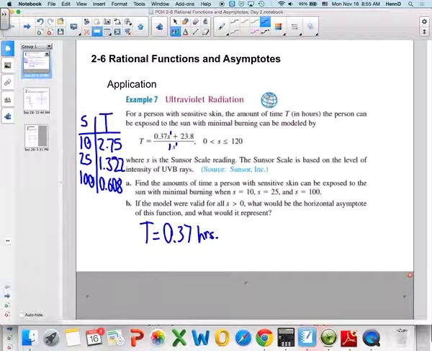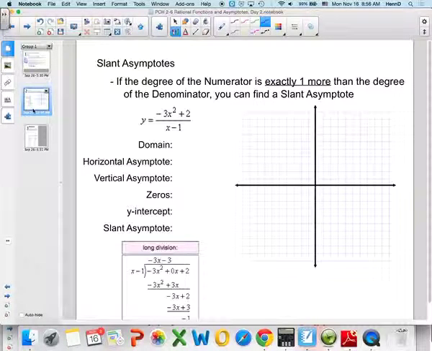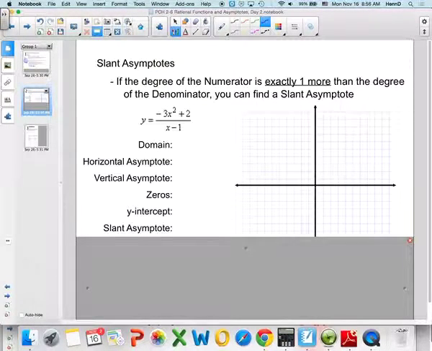Now, let's talk about this function here, and I want to look at one thing in addition to what we have looked at already. And this is a rule for slant asymptotes. We'll see what this looks like in a moment.